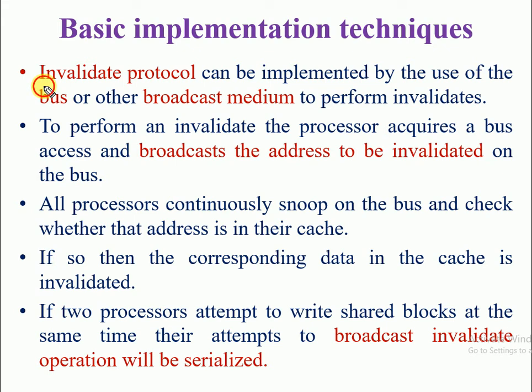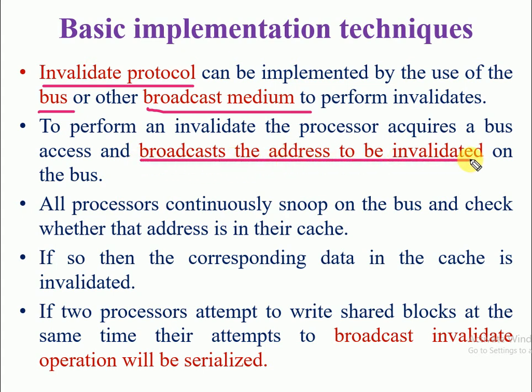The invalidate protocol can be implemented by the use of a bus or other broadcast medium to perform invalidates. So either by using a bus or by using some other medium, we can do the invalidate operation. To perform an invalidate, the processor acquires bus access and broadcasts the address to be invalidated. It's very clear.